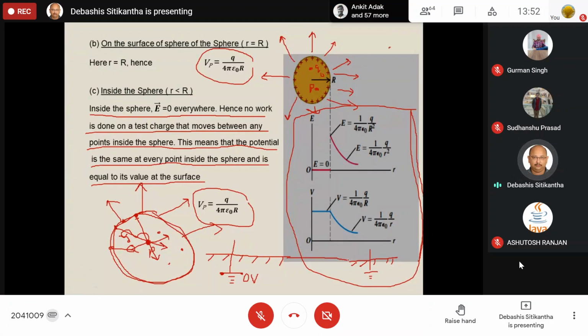The earth is one. Whether you put it over here or over here doesn't matter. Whether you have an earthing at the North Pole, one at the equator, the other at the South Pole, doesn't matter. The earth is always at zero potential because inside the earth the electric potential is the same as that of the surface, and the surface of the earth is at zero potential. Got it?